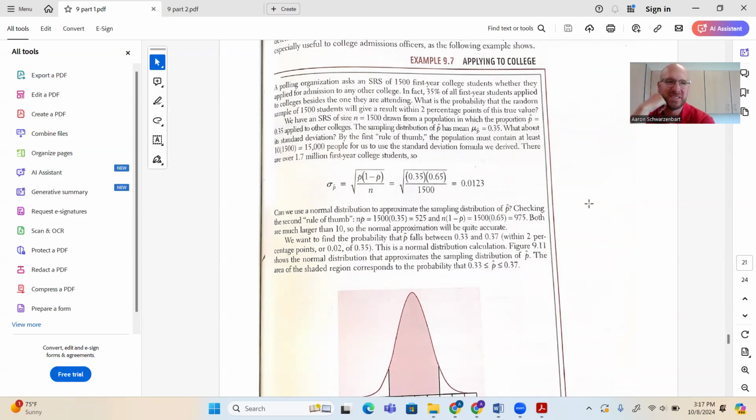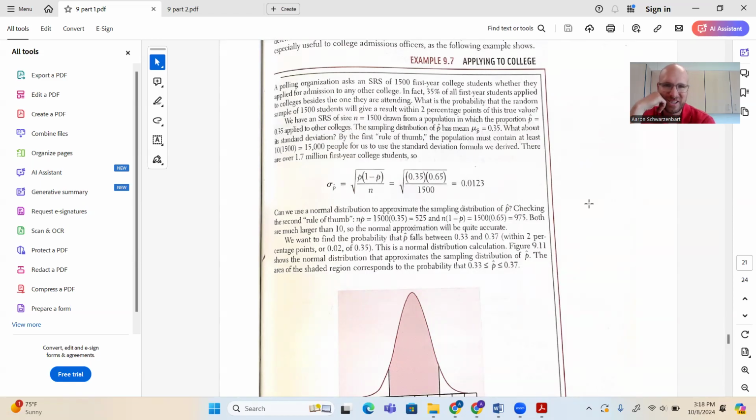There was no such thing as the Common App where you could fill out one application and send it to a bunch. You had to do distinct applications and separate essays for every place if you had to do essays. So this says, what is the probability that a random sample of 1,500 students will give a result within 2 percentage points of the true proportion?